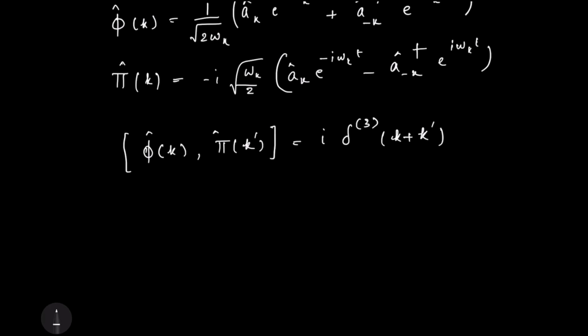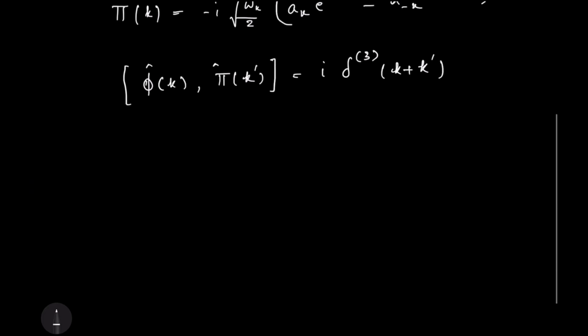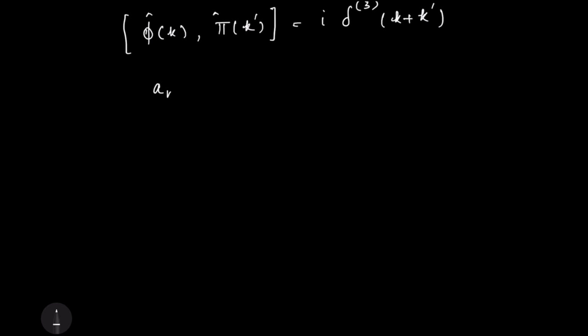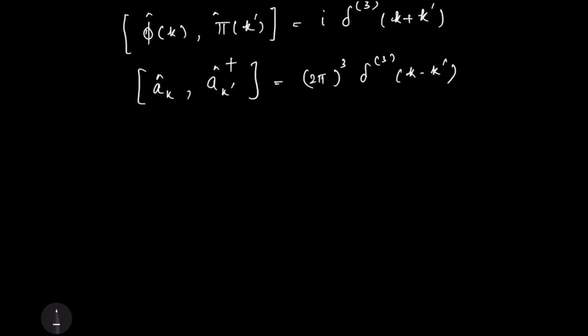We can also define the commutator between the annihilation and creation operators a_k and a_k' dagger as 2π cube δ³ of k minus k prime.